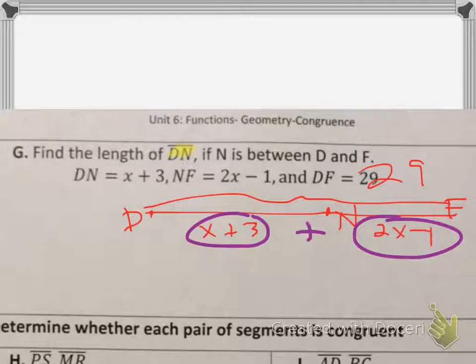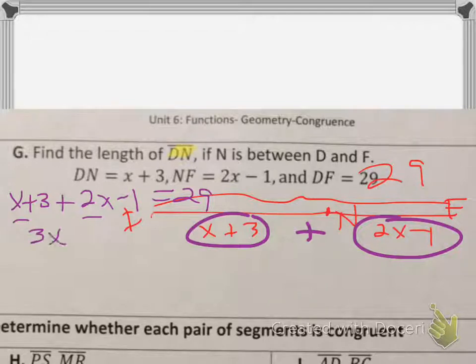So I'm going to come over here and try to do my work on this side. I'm going to go x plus 3 plus 2x minus 1 equals 29, and solve that. When I wrote minus 1, I happened to write 11 instead of 1, so let's fix that now. x plus 2x is 3x. 3 minus 1 is 2, so 3x plus 2 equals 29.